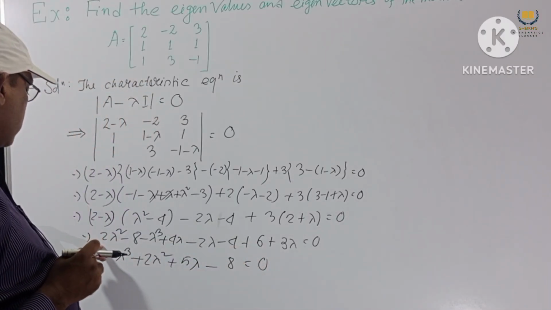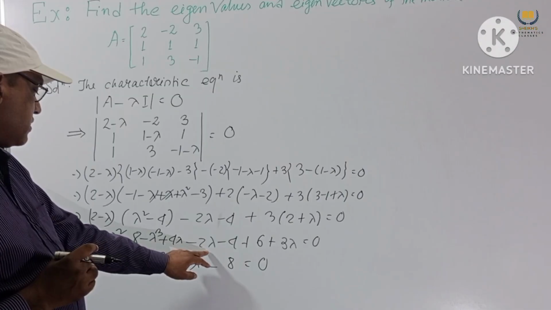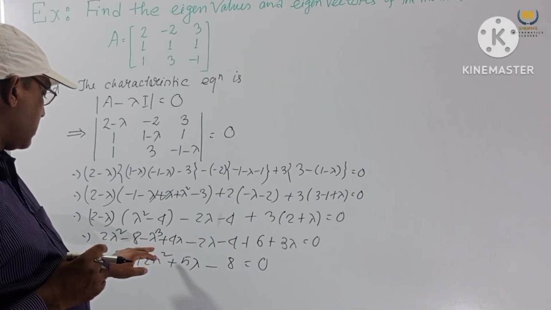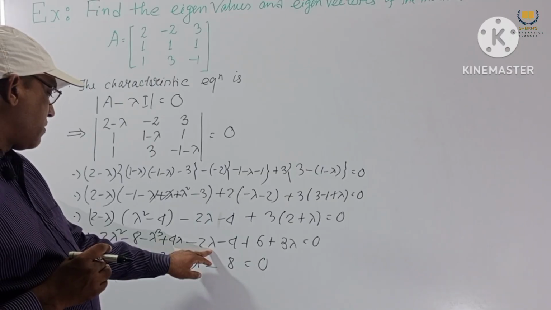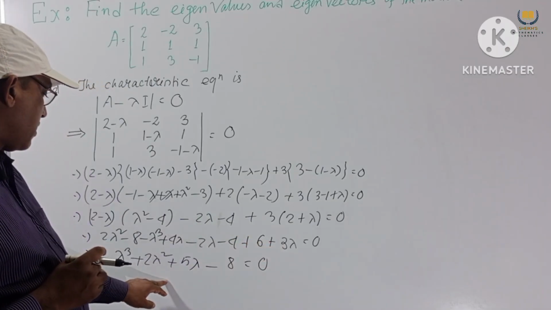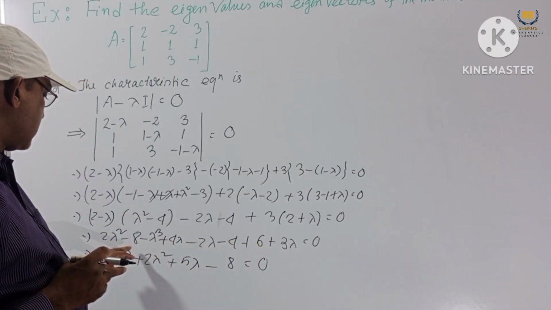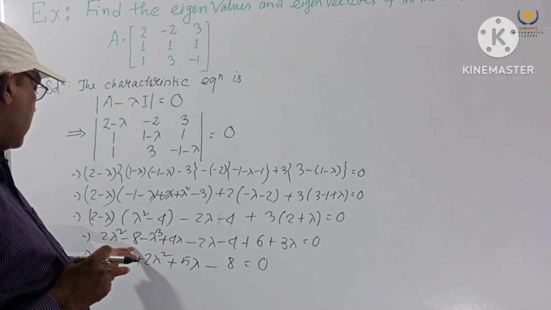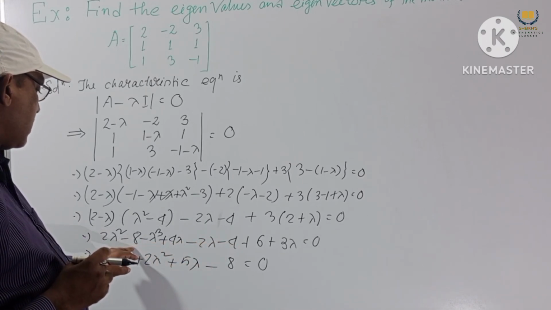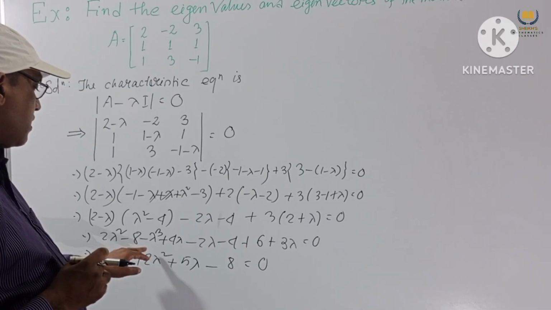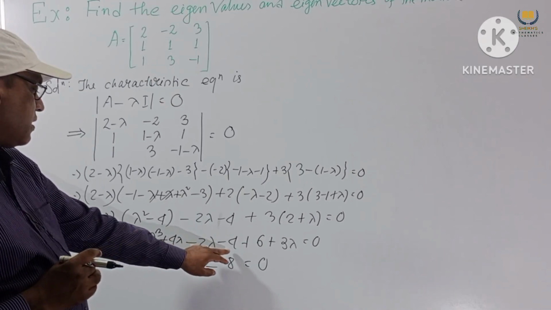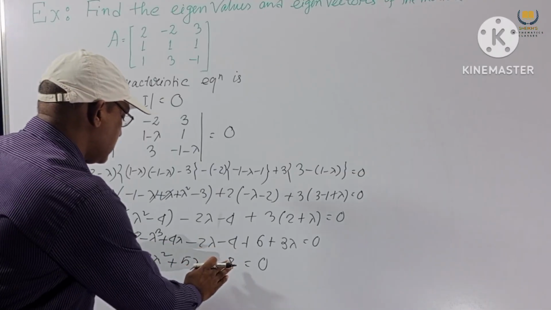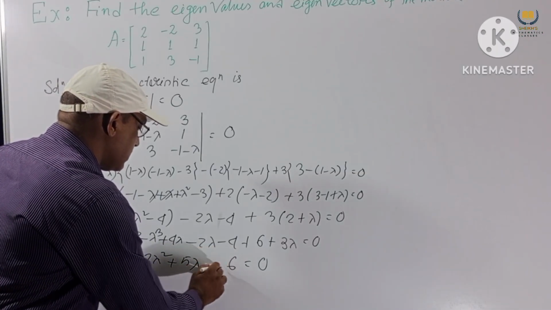So we get 2 lambda square, 4 lambda, this is 2 lambda plus 3 lambda, 5 lambda, and minus 8 minus 4 is minus 12, plus 6, we get this.